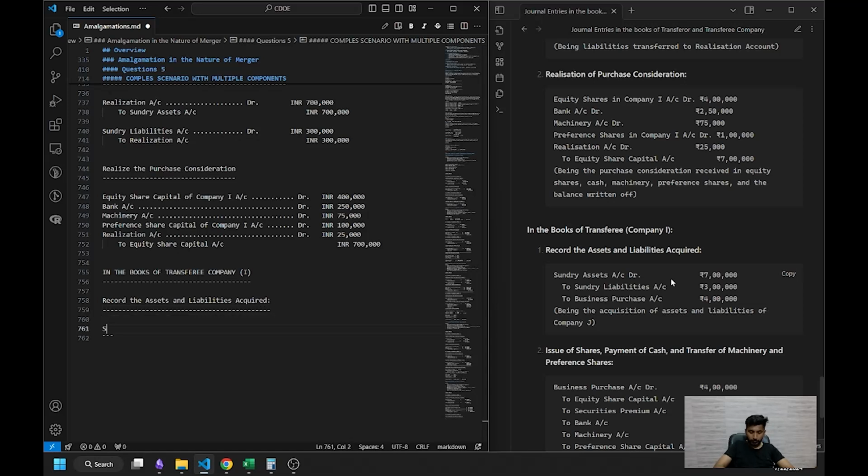How so? Sundry assets account debit to sundry liabilities account, to business purchase.